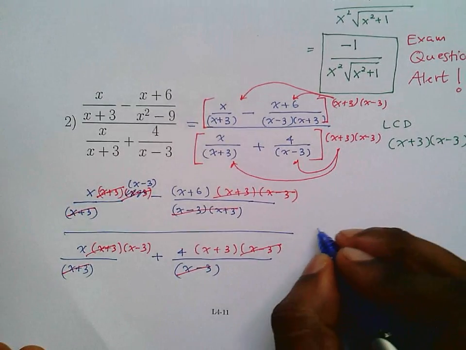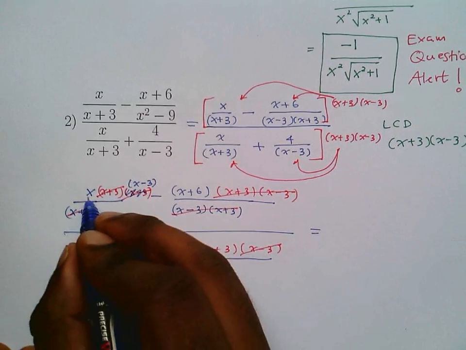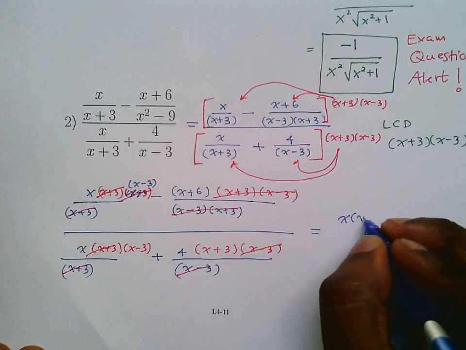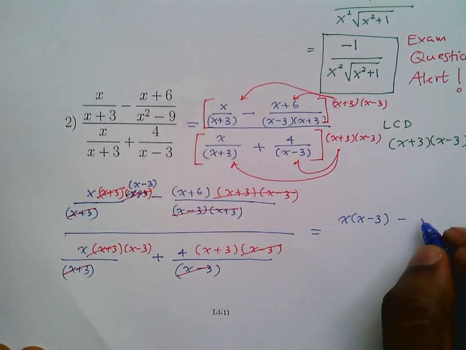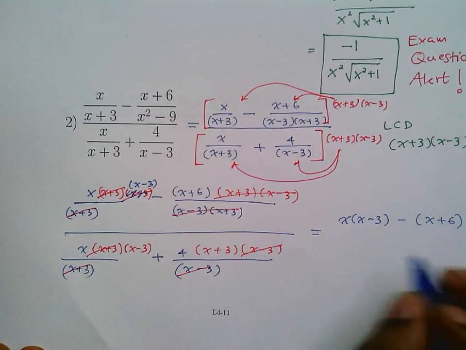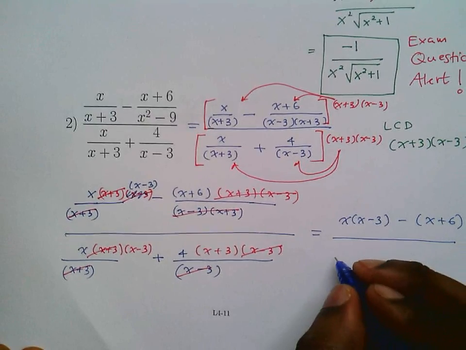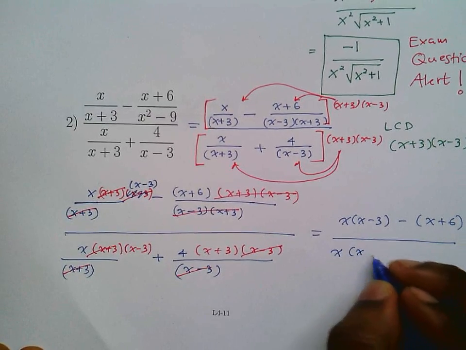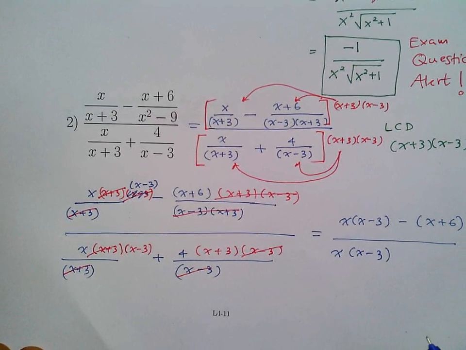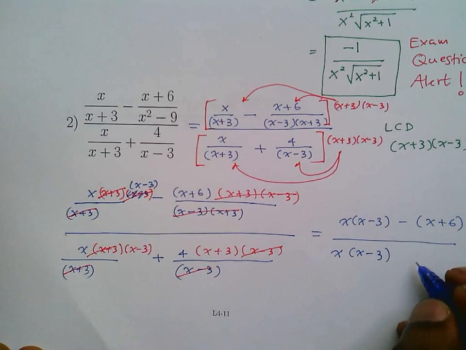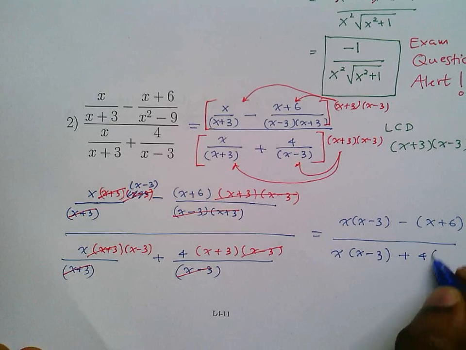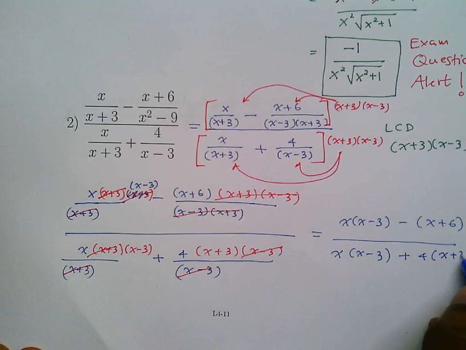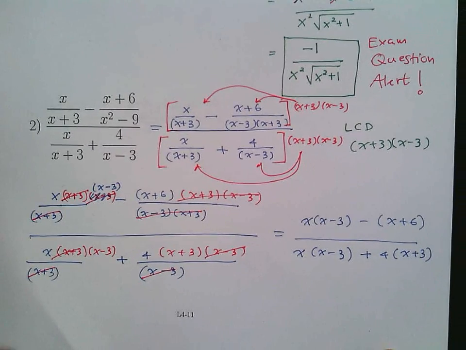So all you end up with on here is x times x minus 3 minus x plus 6, divided by x times x minus 3 plus 4 times x plus 3. So that's what remains, and you can see there's no more complex fraction.